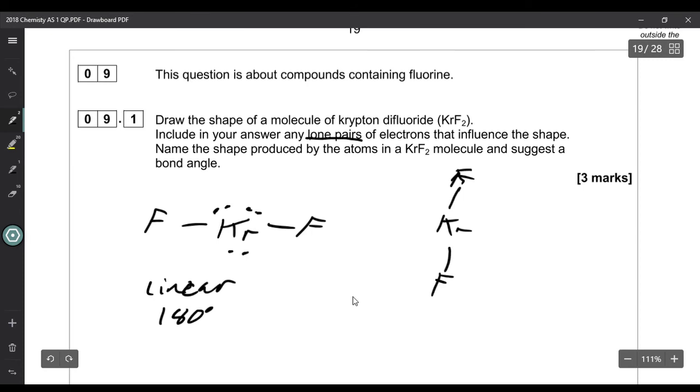Now these 3 lone pairs are sticking out at 90 degrees to this plane. So this is where we've got the lone pairs. So we've still got this bond angle as being 180 degrees.